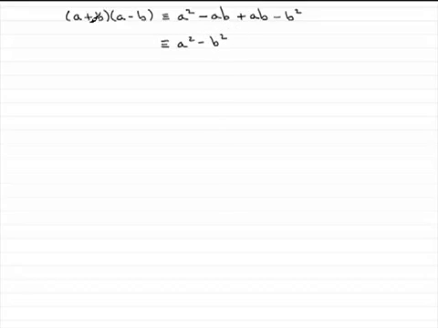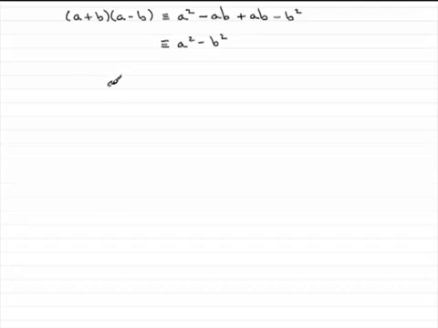Whether you multiplied out a plus b with a minus b or a minus b times a plus b, you'd always get this result, a squared minus b squared. I'll leave it up to you to check it if you like. So what does this mean?